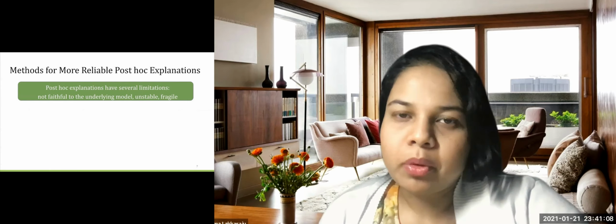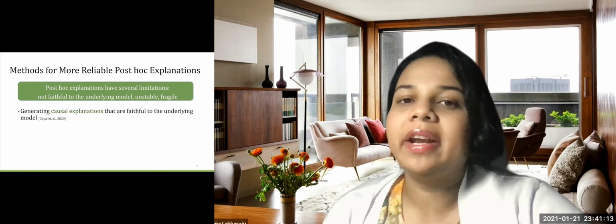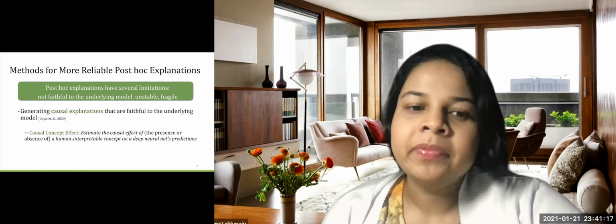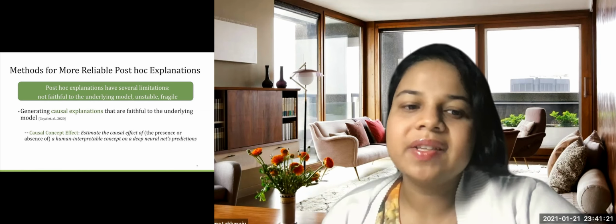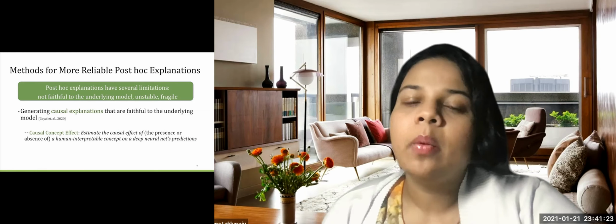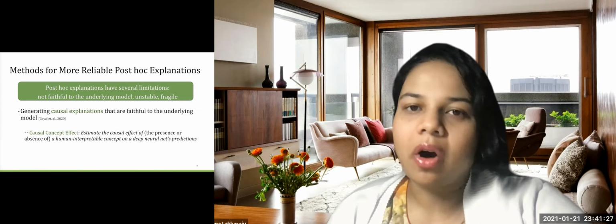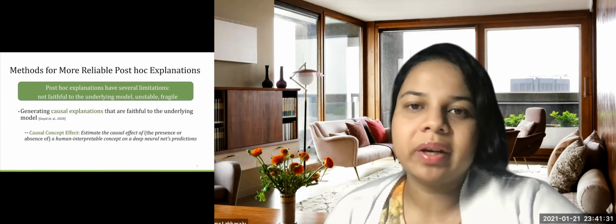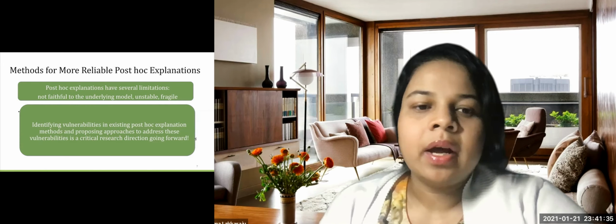Another solution proposed to make post hoc explanations more reliable is to generate causal explanations that are faithful to the underlying model. One of the key ideas proposed here is the causal concept effect, where the intuition is to estimate the causal effect of a human interpretable concept on a deep neural net's prediction.